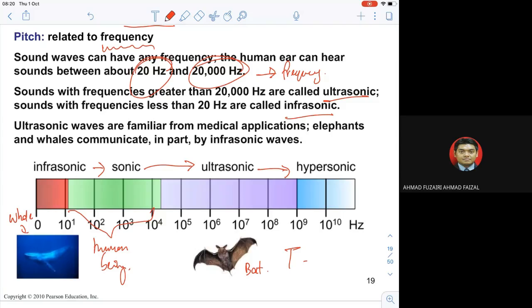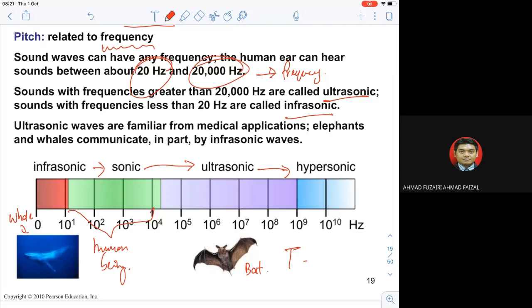Human beings can only hear the sonic range, from 20 hertz to 20,000 hertz. The bat is in the ultrasonic, while the whale is in the infrasonic.